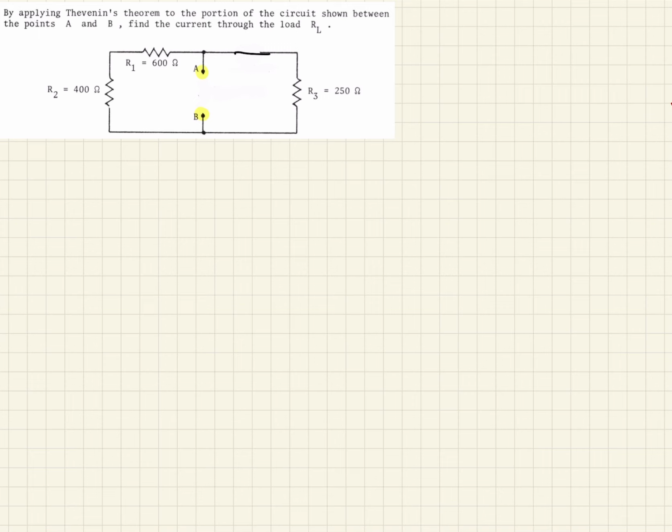And so now we could redraw this then to make it a little easier to see what we're doing. So we have this leg here in red, and so that's 1,000 ohms. So we could just write a 1,000 ohm resistor there. And then we have this leg here in blue, which is 250. So let's go back and say this is 1,000.